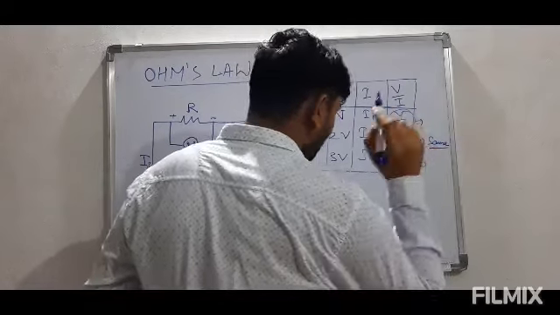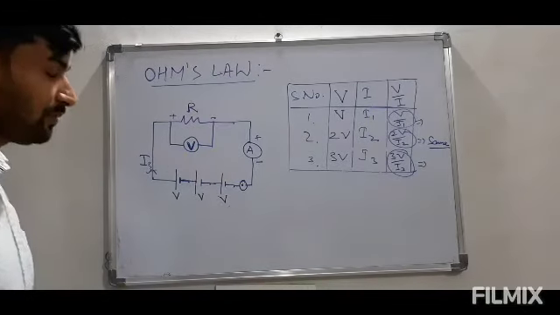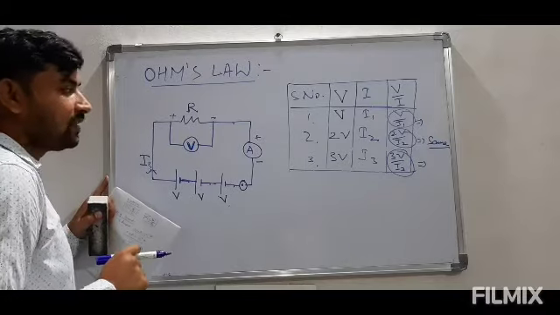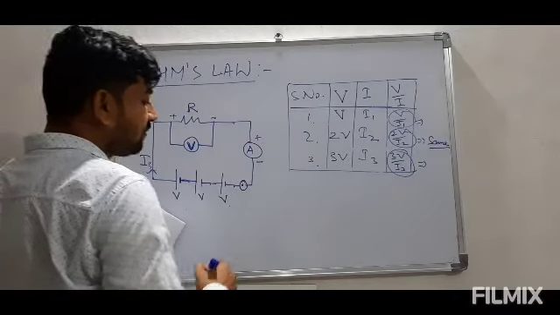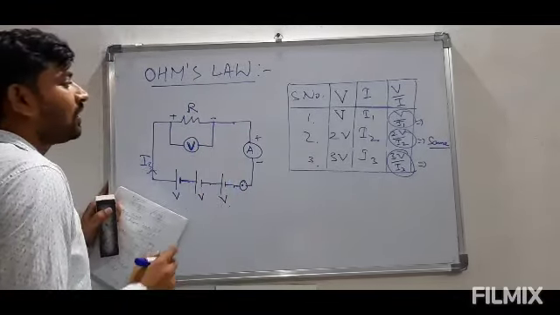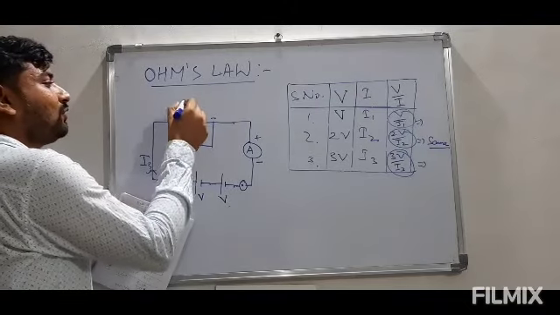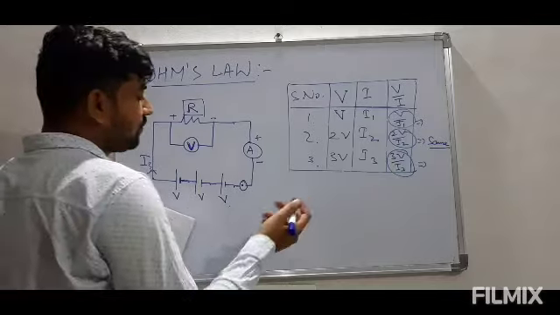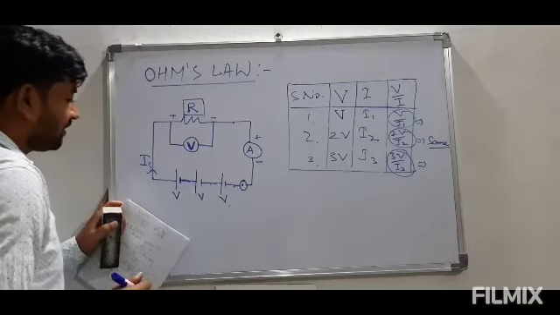So by using this experiment, this setup, he gave a very important law regarding electricity, that is what we call Ohm's law, and from here we get the definition of the symbol R, which is used in electrical circuits.